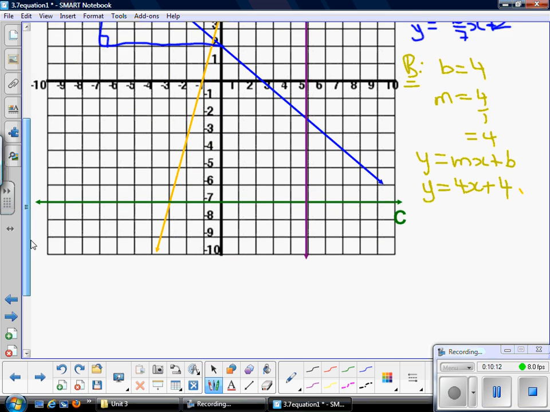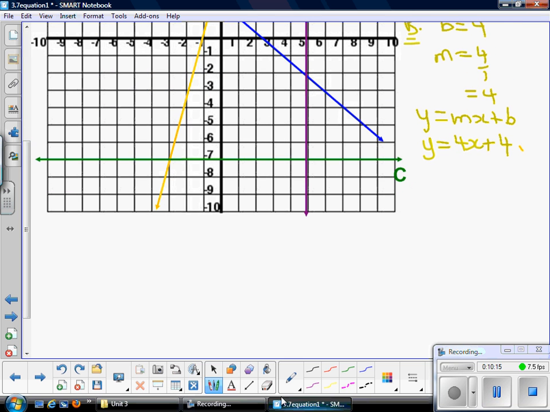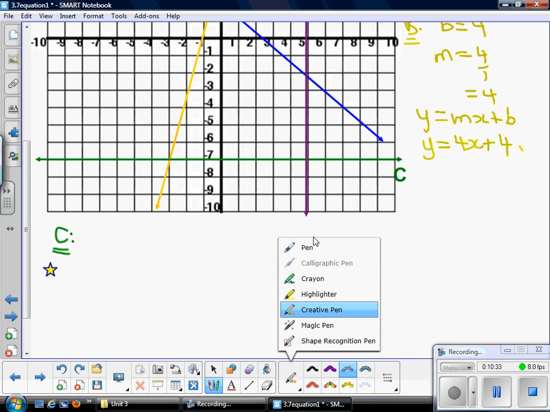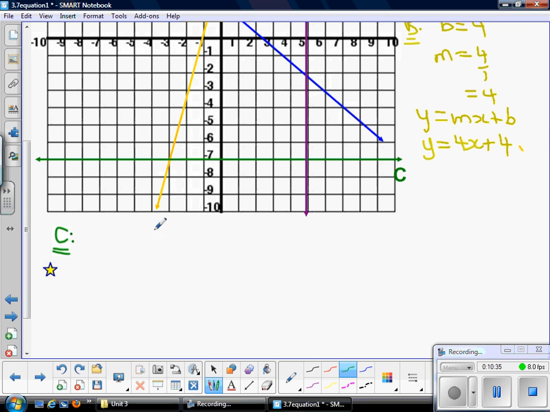So the next one is C, which is this one here. Now, when it comes to C, C is one of those special lines. So remember, we're always picking on those special lines. So I'm actually going to put a lovely little star beside it because it comes up so many, many times. So what we have with this one is the slope here is 0.